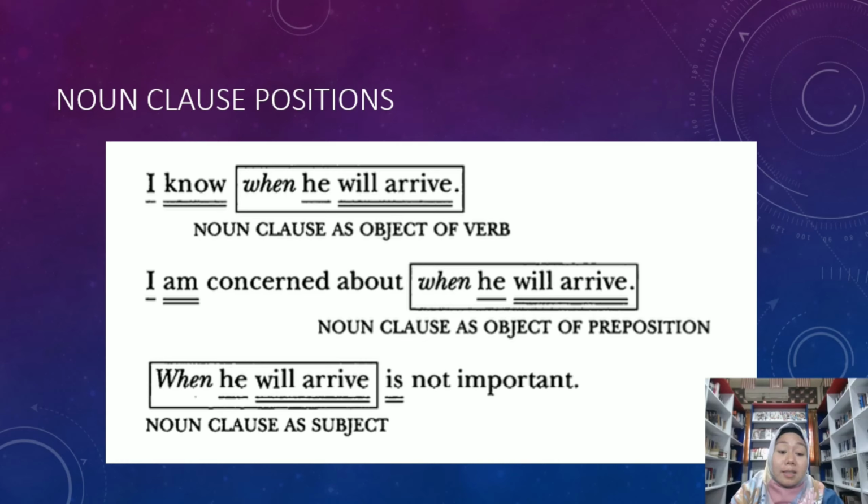If it is the subject of the sentence, then it is at the beginning of the sentence. If it is the object of a sentence, then it is at the end of the sentence. And as the object of a preposition, of course, it comes after the preposition it modifies.